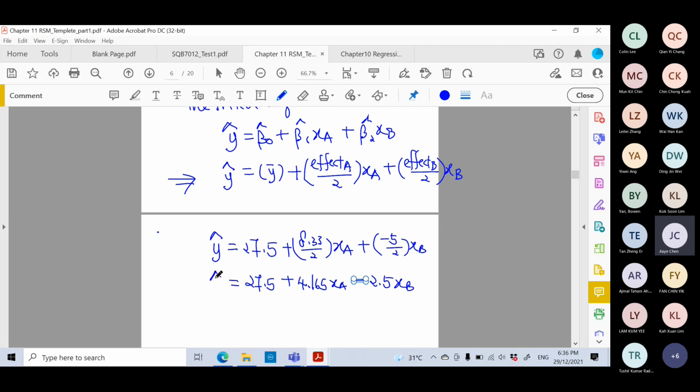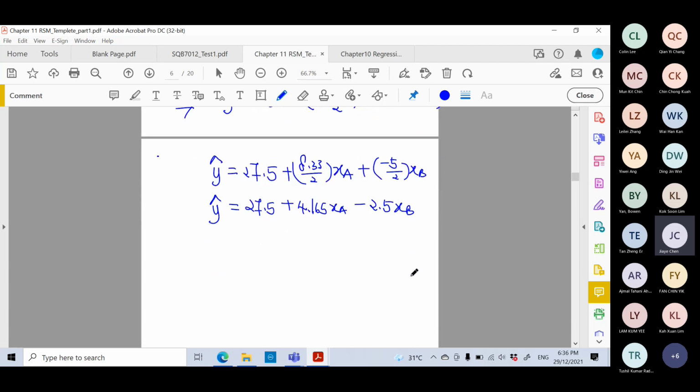So this is your fitted equation. You do not need to use regression here. Of course, you can use regression, and you can also get the estimates of all these 3 values. But this one is in terms of XA and XB.